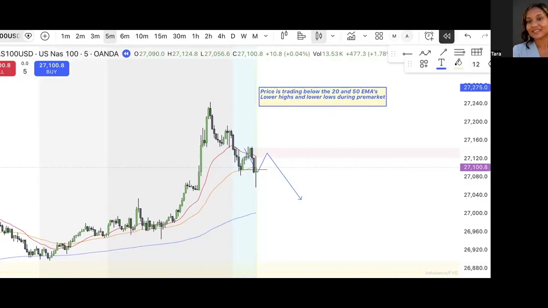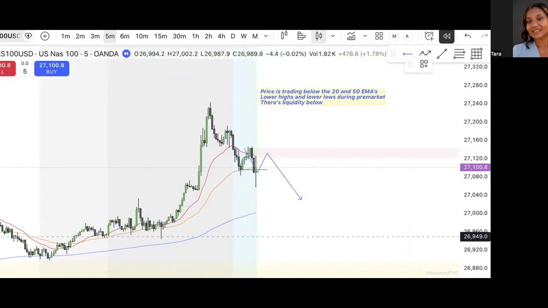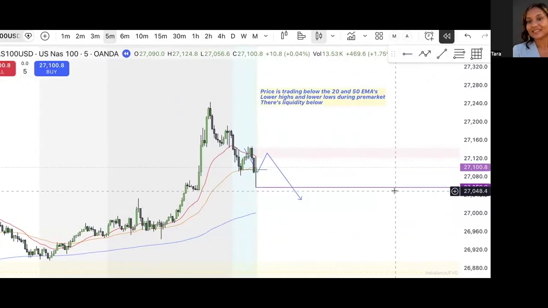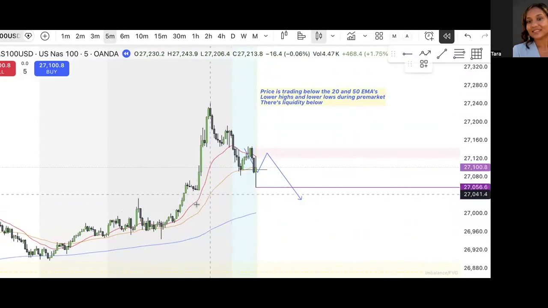And there's liquidity below. So price has created some liquidity here, so we can mark that. We have a little area of imbalance around in here.